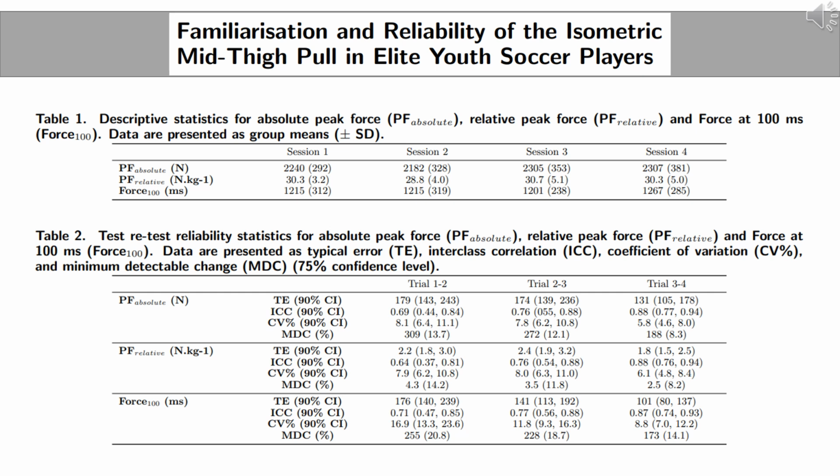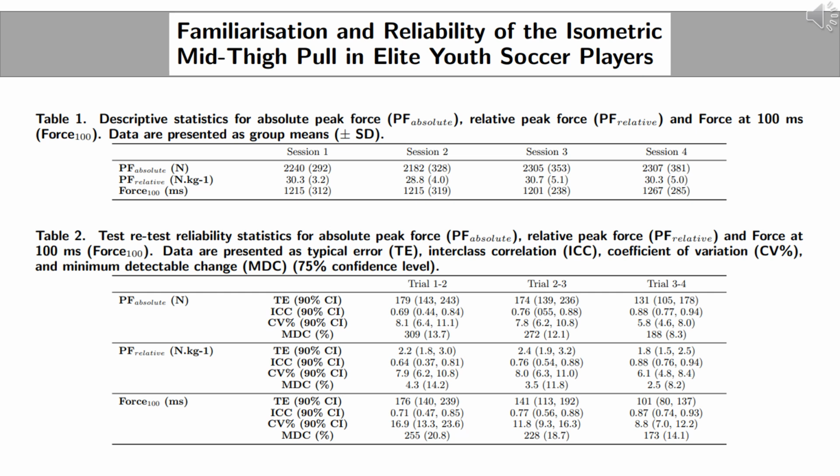And whilst values between sessions 3 and 4 at 8.8% are probably just about acceptable, values of 16.9 and 11.8% are probably too high and indicative of that metric being a little bit too noisy and unreliable.